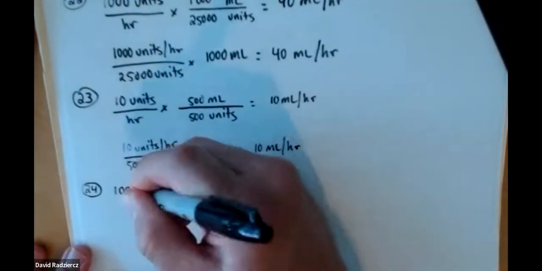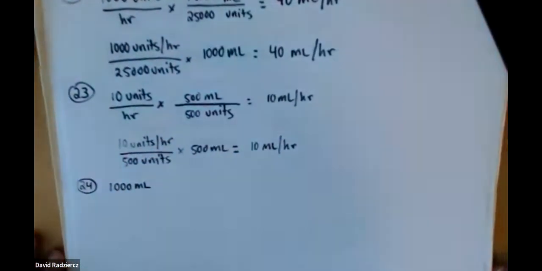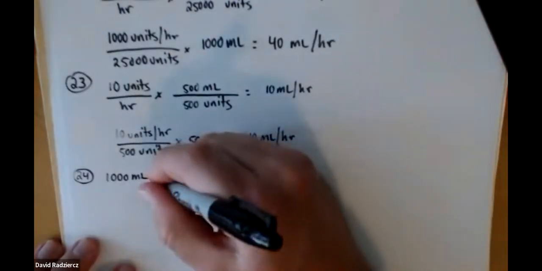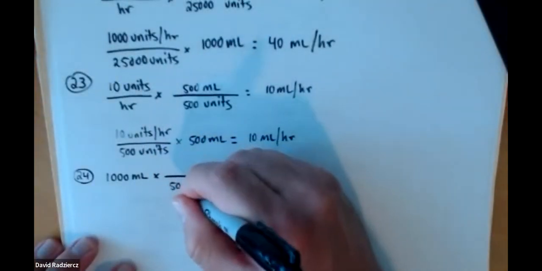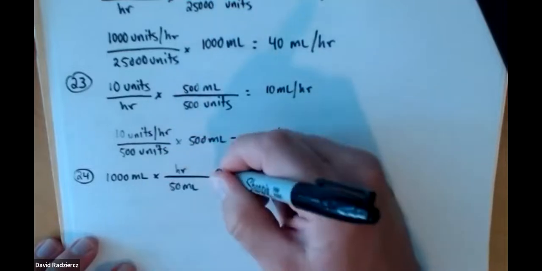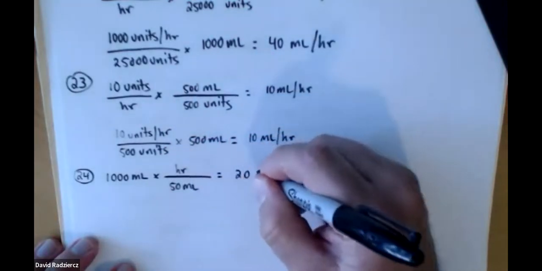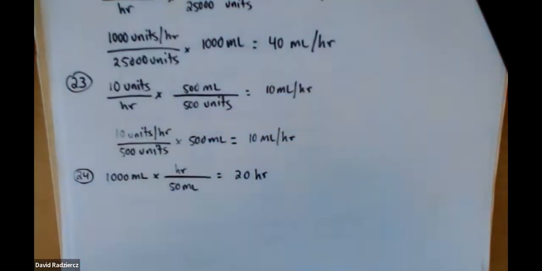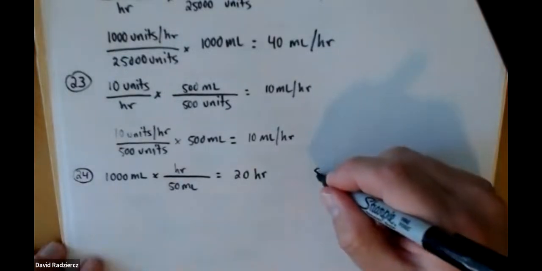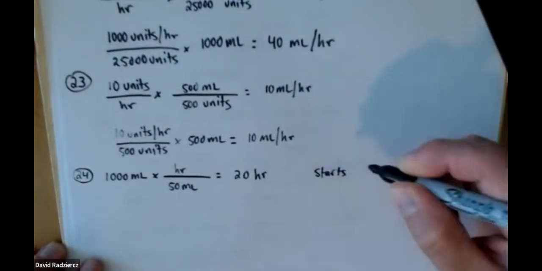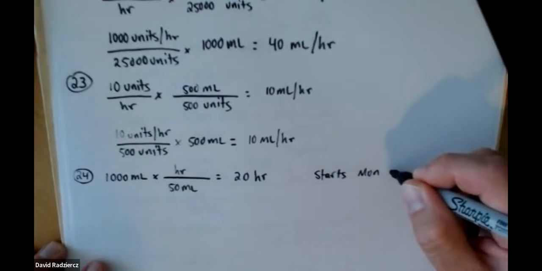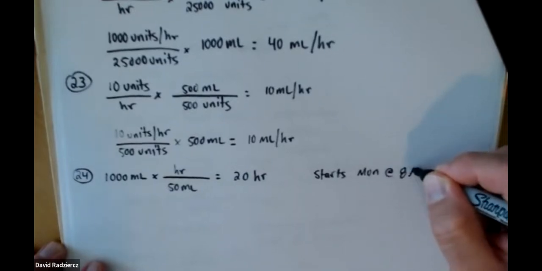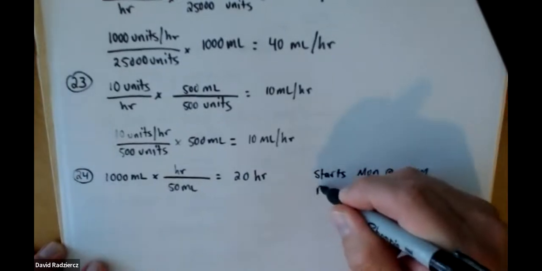So I'm going to take my 1,000 milliliters and my 50 milliliters per hour, so I can find out how many hours, and that actually ends up being 20 hours. And so I know it starts Monday at 8 a.m. I want to know when it ends.